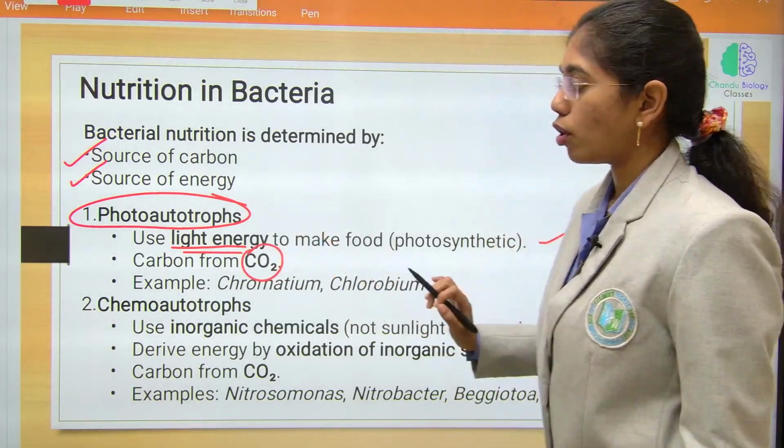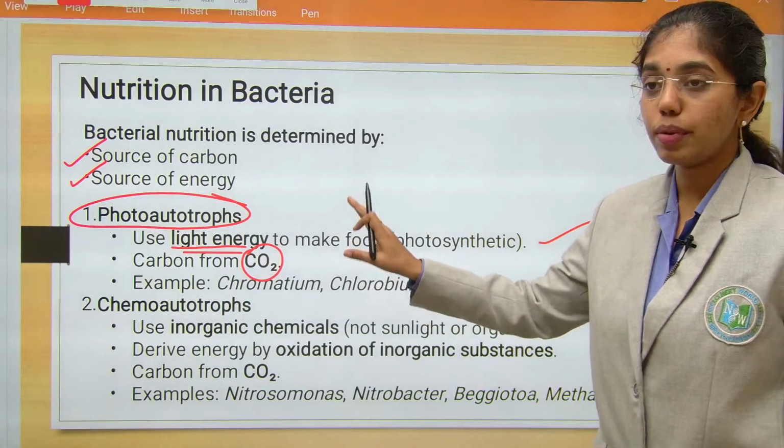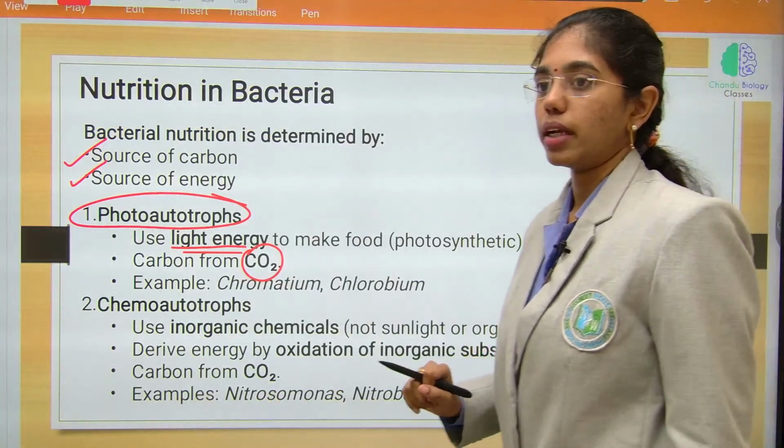Here in photoautotrophs, light energy is taken from sunlight, and carbon is from carbon dioxide. Clear, right?